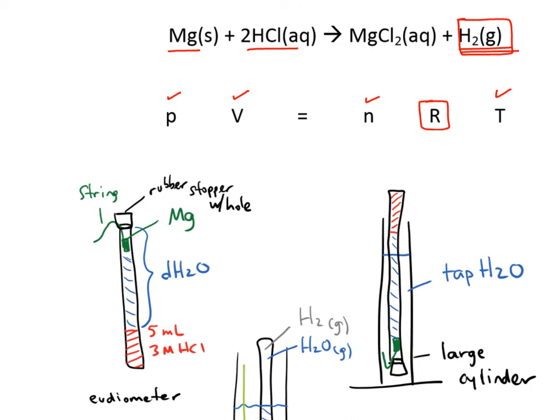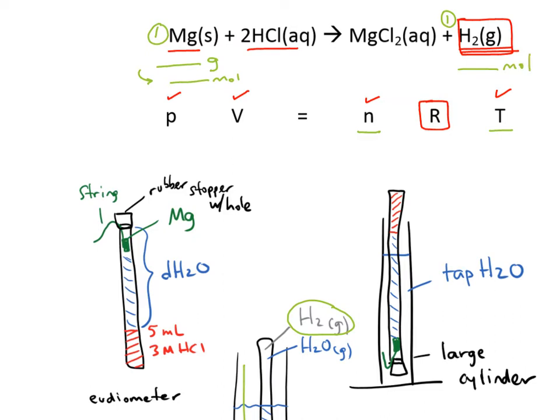Okay, so now we know the temperature. Let's talk about the moles. How are we going to know the moles of hydrogen in here? Well, you're not going to be able to measure the moles of hydrogen, but what you could do is measure the grams of magnesium in the beginning of the lab, and then change that into moles. And because this is a 1-to-1 ratio, the moles of magnesium that you used theoretically should be the same as the moles of hydrogen that you formed.